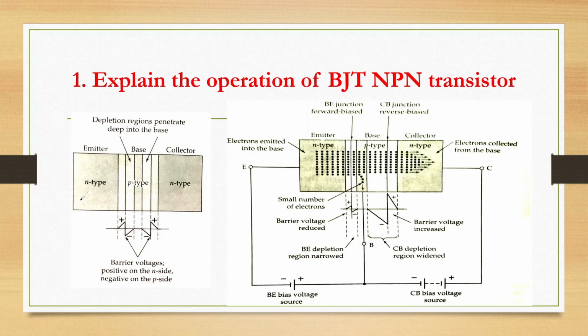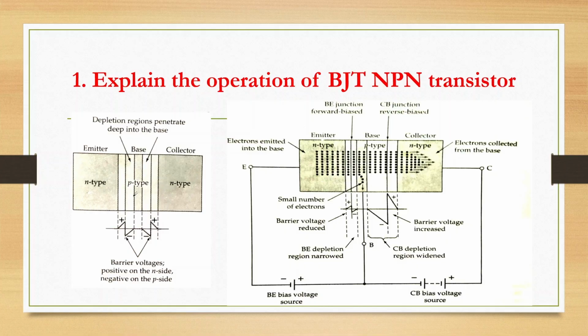In this, what happens, the depletion region penetrates more deeply into the lightly doped side, that is P type, in order to include an equal number of impurity atoms in each side of the junction.